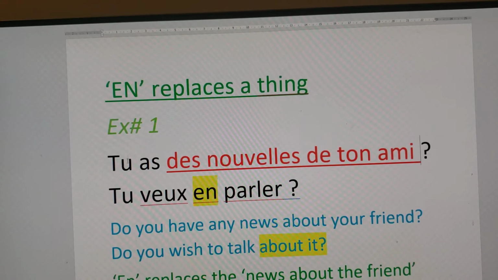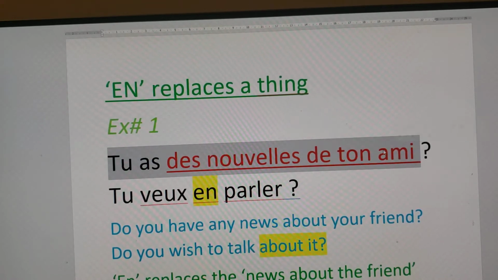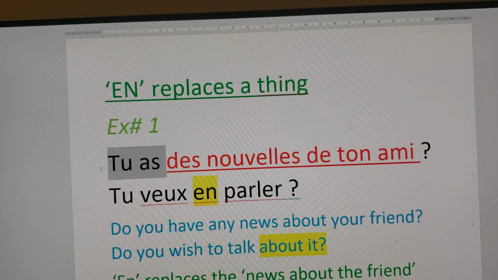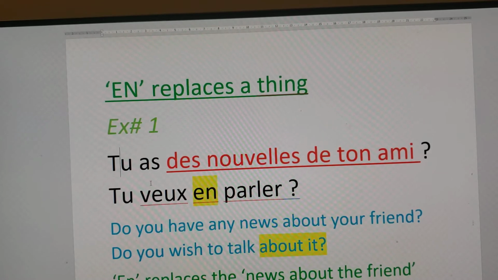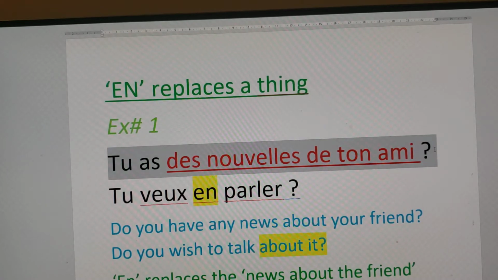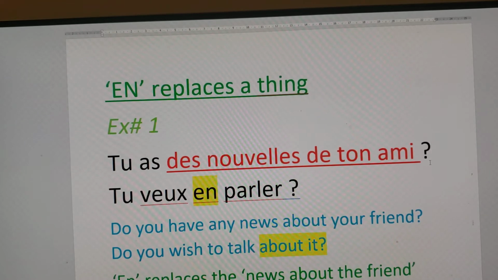Once again, you have news of your friend? This is used like a regular sentence with a question mark in the end. You can also use the inversion, in which case the sentence would read as as-tu des nouvelles de ton ami? Right? So in this case, I've just used the same present tense with a question mark in the end, which automatically gives it a very interrogative sense to it.